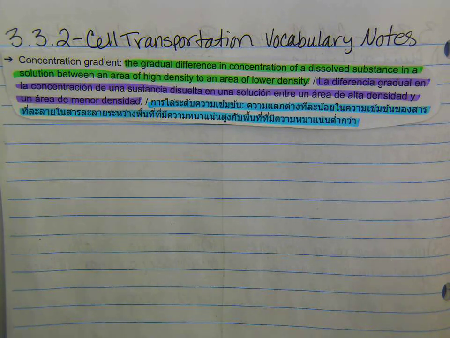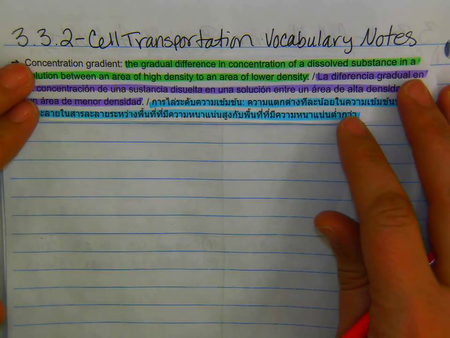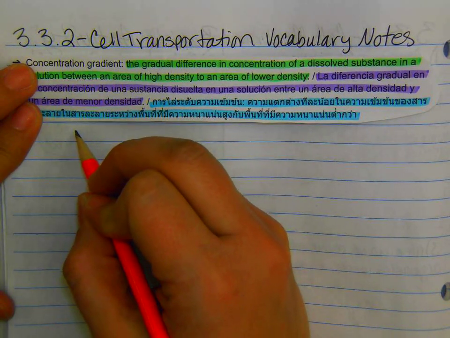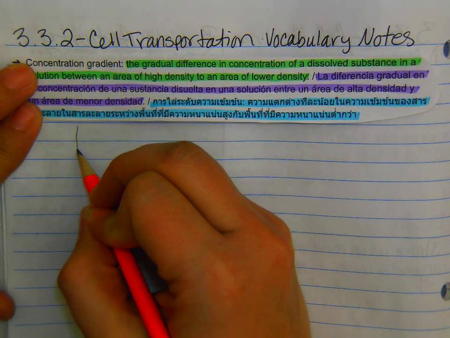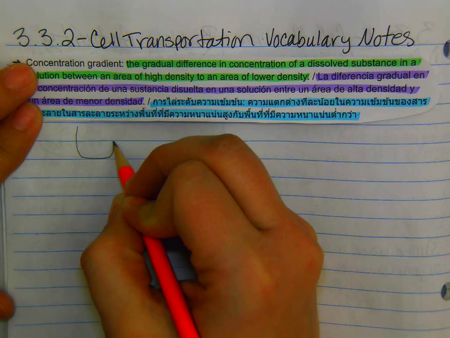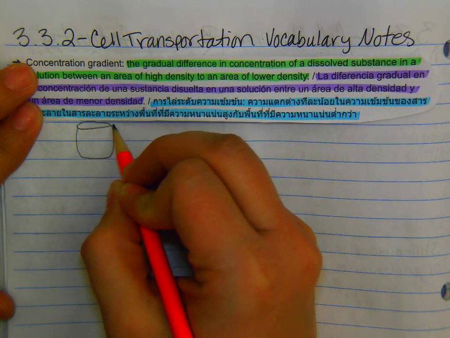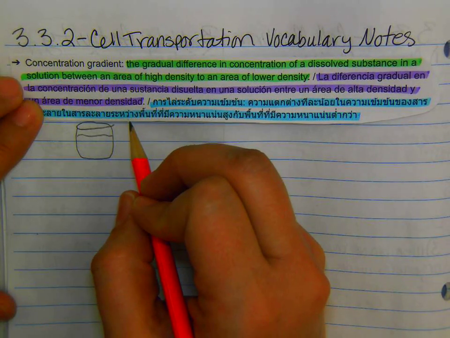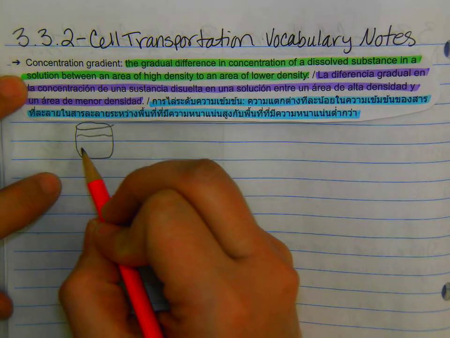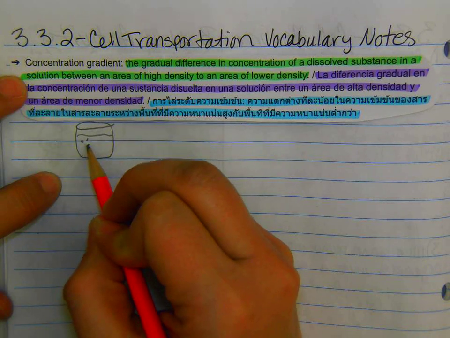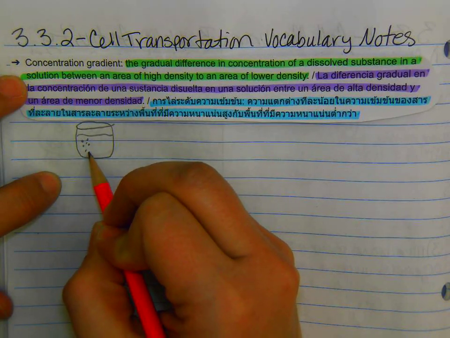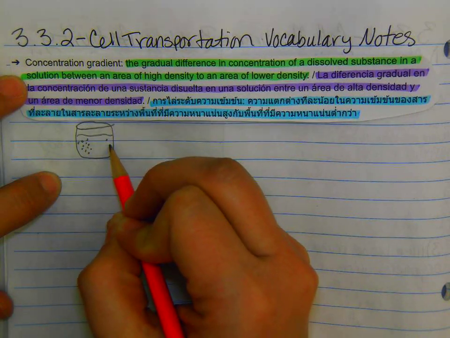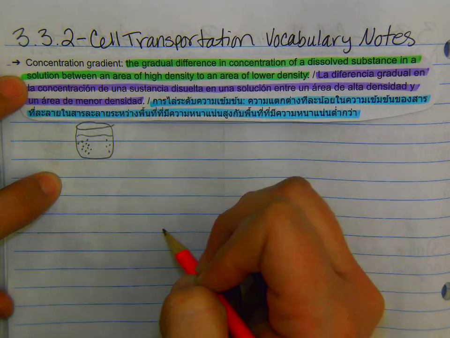Really, what this means is that we have a solution of something. Let's draw a beaker. And it's got some water in it. Our concentration gradient means that there's an area with a lot of some type of particles and an area with not very many.